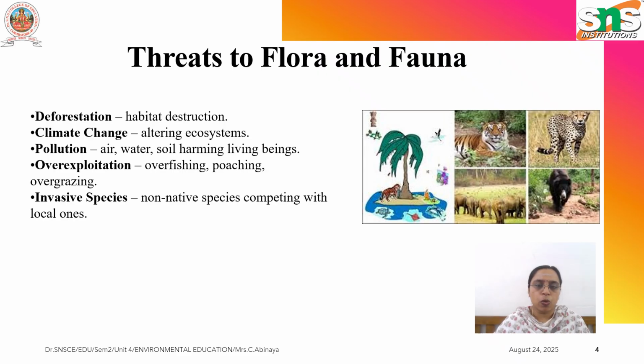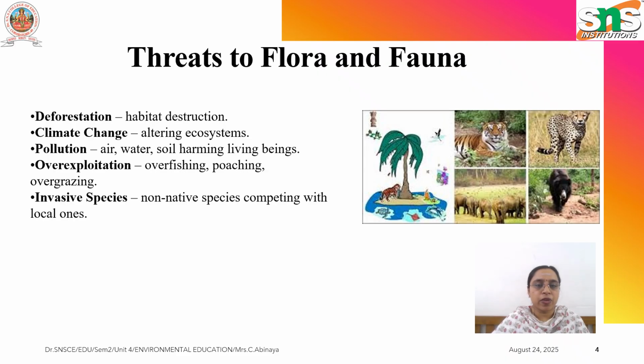What do you mean by over exploitation? Humans exploit plants and animals for timber, food, medicine and ornaments. Tigers were hunted for skins, elephants for ivory and sandalwood for perfumes. This is called over exploitation, which is a major cause.